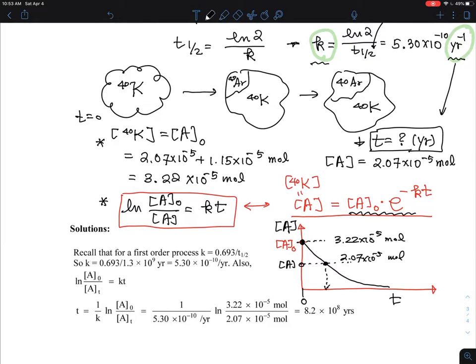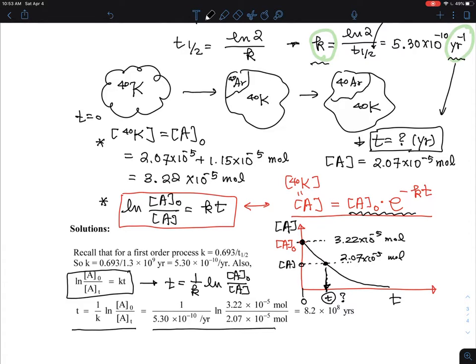They are asking how long it takes. So this is the t that was asked for in the question. I don't have to reinvent the wheel. You can reshuffle this equation, saying I only need t, which is 1 over k times the natural log of the initial concentration divided by concentration A. You plug in all the numbers, and you will get this one.